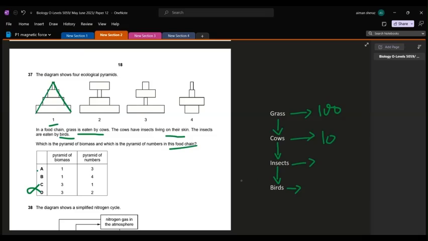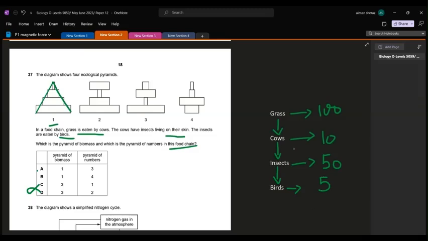Whenever you're talking about parasites, they always have an increased number. So, in this case, they have talked about insects. So we can assume that there must be around 50. And then they are eaten by birds. So we can assume that it must be 5.